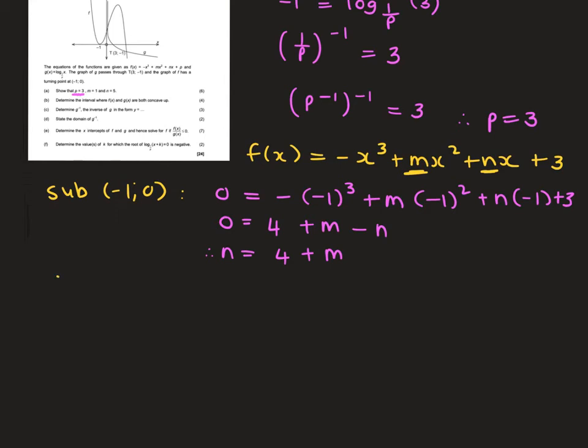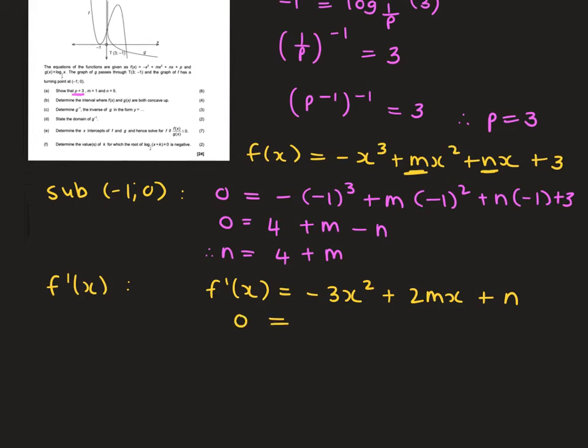So f prime of x will be -3x squared plus 2mx plus n. Into this, we're going to sub x equals -1, where the gradient is obviously 0, because we know the gradient is 0 at the turning point.